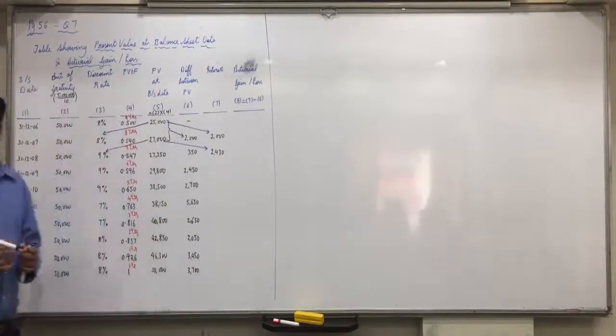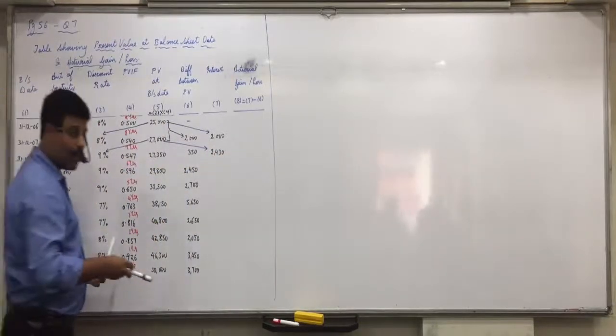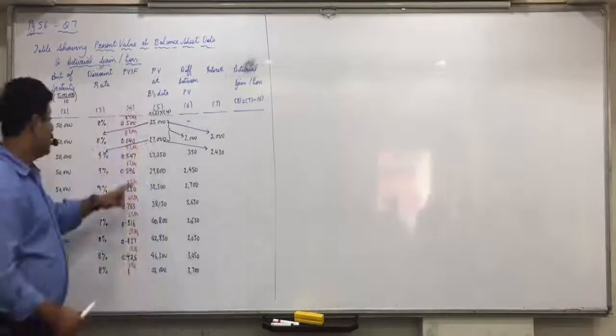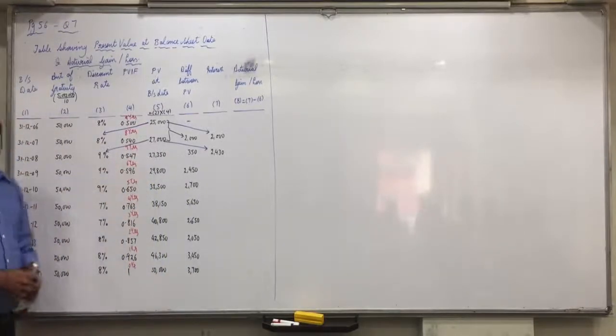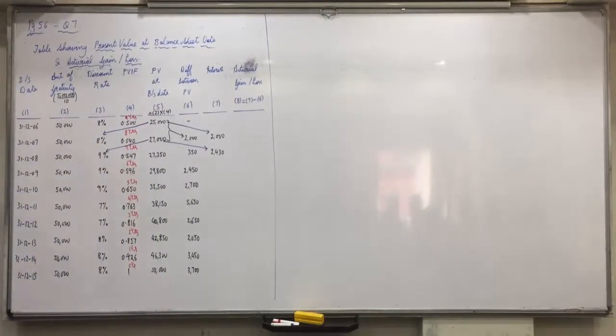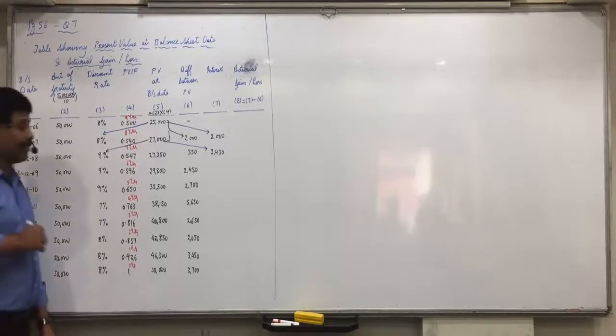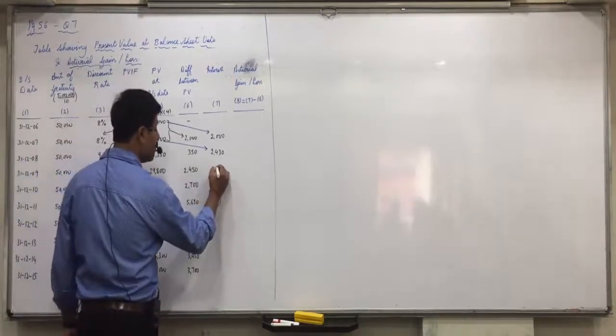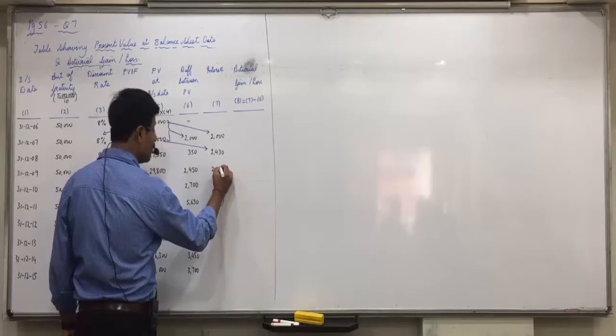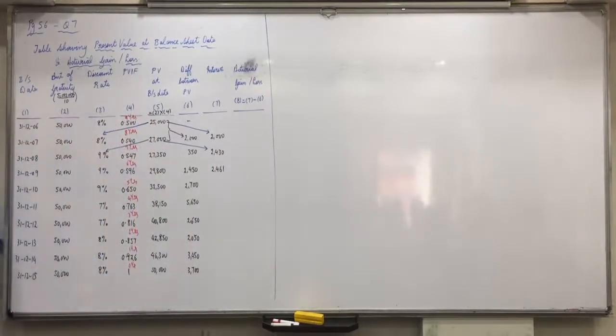Are you able to understand this? Same way we'll calculate all of them. 27,350 into 9%. 2,460. Is everyone clear with this?